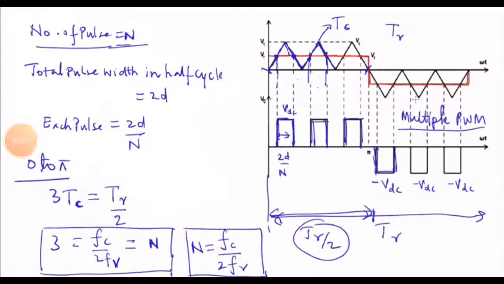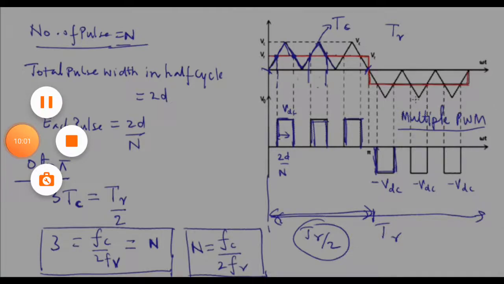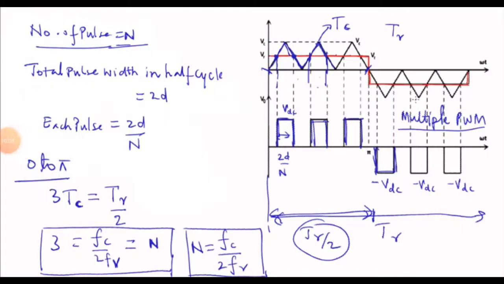For number of pulses equal to n, the total pulse width in each half cycle is 2d and each pulse has width equal to 2d by n.